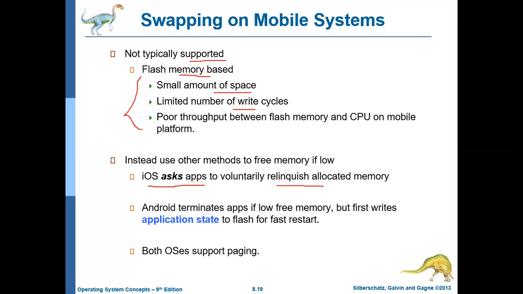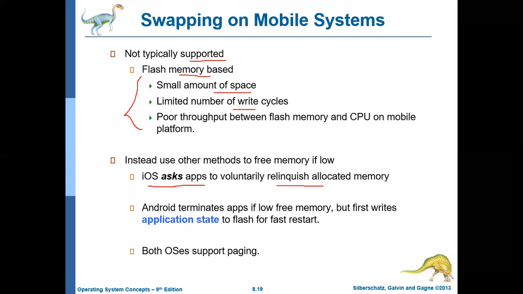So if the user is opening more and more apps, it does mean that he's not using some other apps, but they are still open. So iOS will ask the other apps to voluntarily free some memory. Okay, if they are not freeing the memory, then it may close some application which is not being used. Otherwise iOS itself will reclaim the read-only content occupied by different apps, like the code or other things.